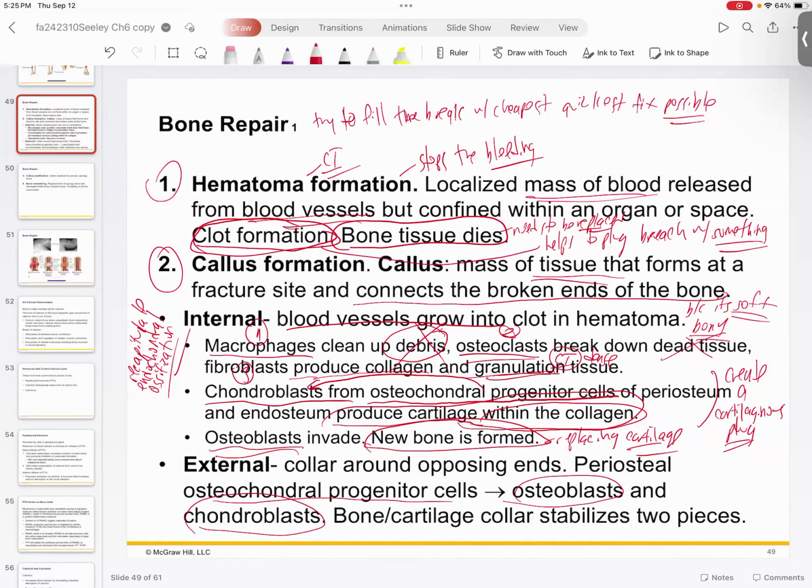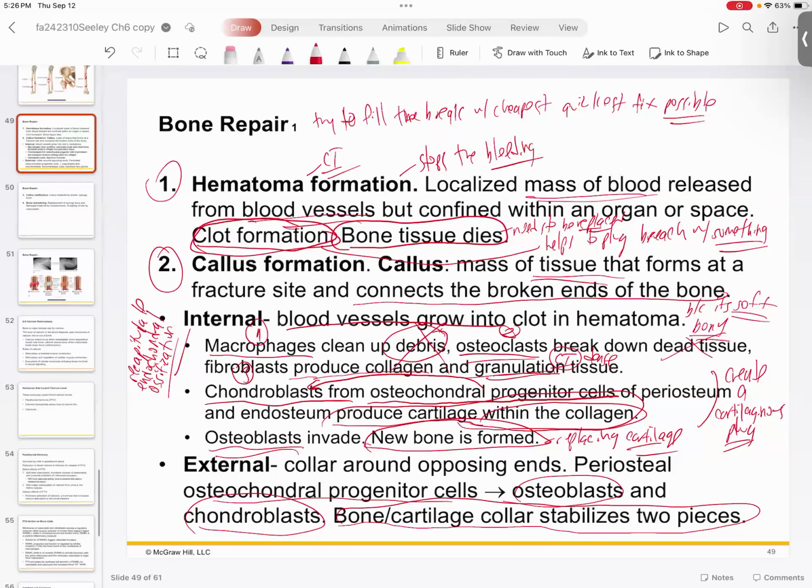And then you start to create this bone cartilage collar that stabilizes those two pieces. So you have a cleanup going on the inside with your cartilage being laid down and then replaced by bony matrix, and you have the cartilage being laid down and replaced by bony matrix on the outside of the external collar as well. And so you have basically these two internal and external calluses developing on the bone on either side.